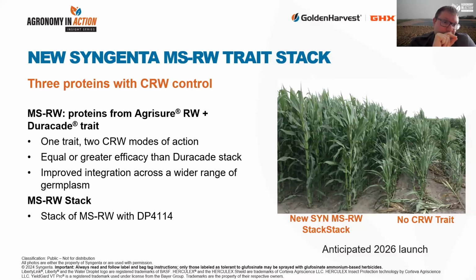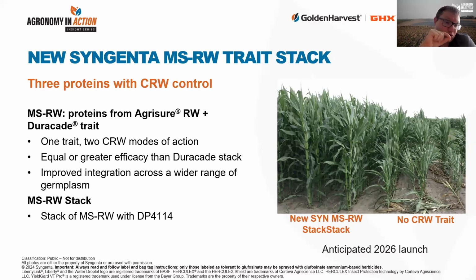The benefit to Pioneer, to Corteva of that, and the benefit to Syngenta of doing this is it makes trait integration and breeding simpler, which means you put new hybrids out faster, which means you get more yield faster in rootworm traits.